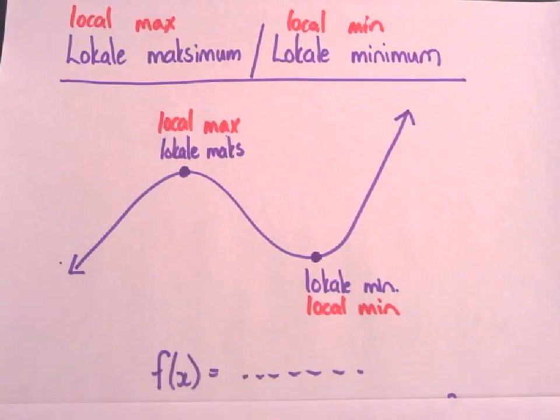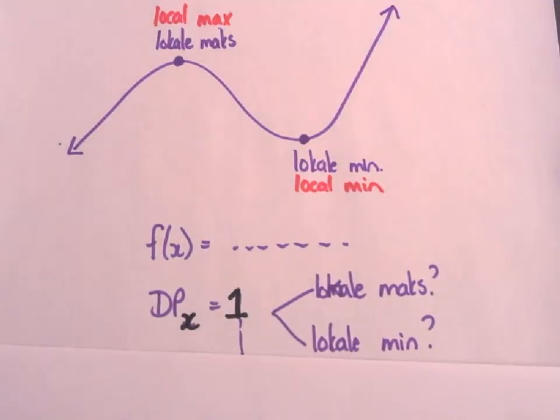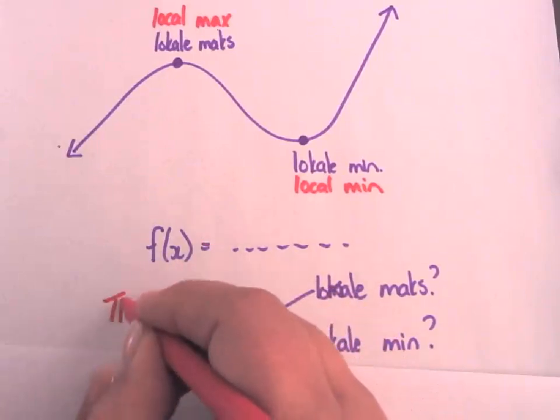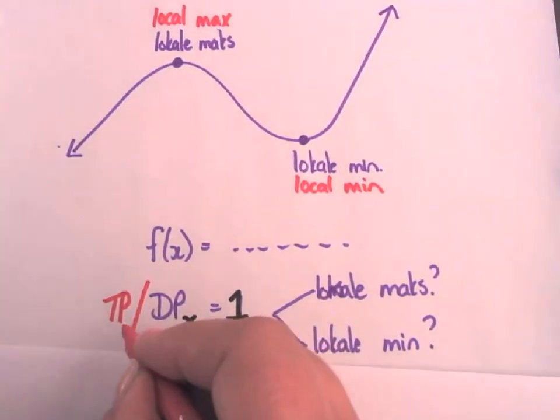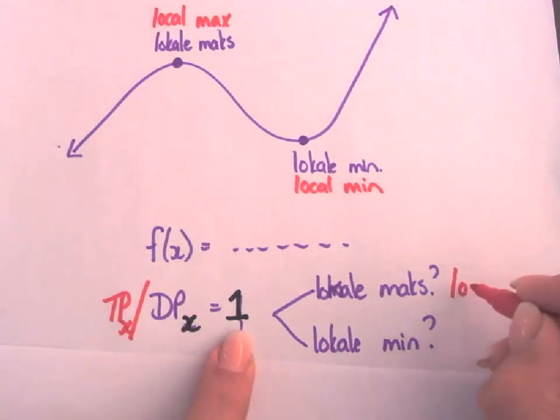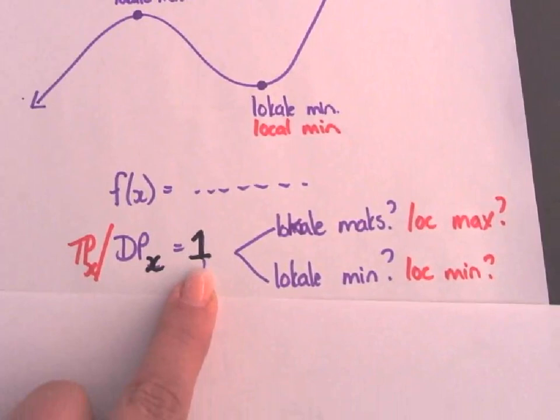If I give you a function, f(x), whatever it might be, and I tell you that the x value of the turning point is 1, and I ask you directly, is this a local max or a local min? How will you get to the answer?